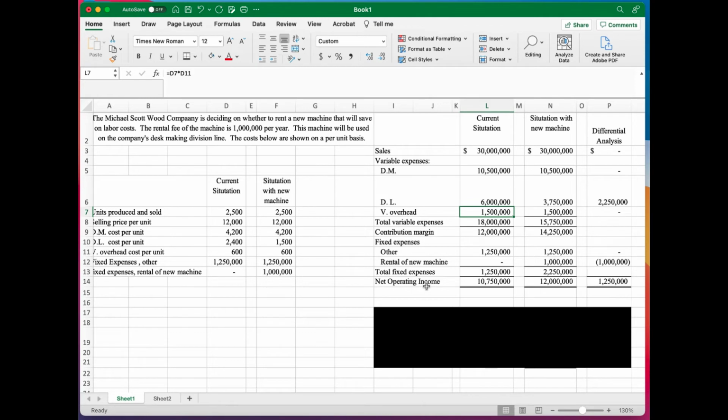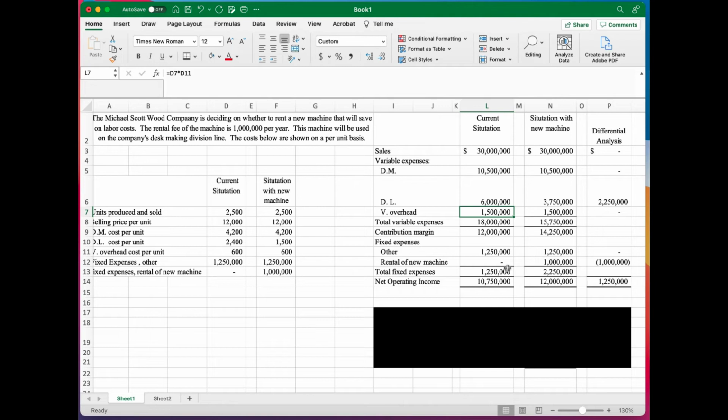So we move down to our fixed expenses. We see that the other fixed expenses are identical under each alternative. Since they're identical, it is irrelevant. I don't need to consider it. Now, look at the fixed expense of rental for new machine. Oh, it differs, right? Under the current situation, I don't have that rental fee.